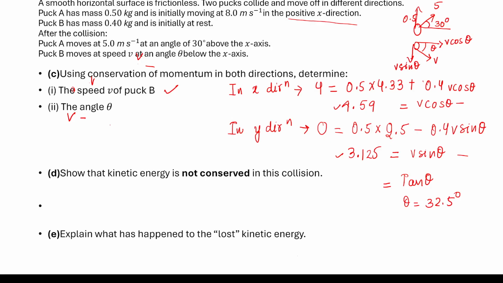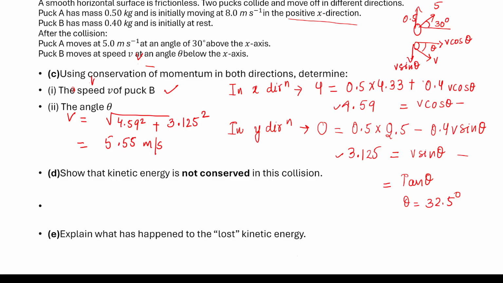So v will be the square root of 4.59 squared, because it's using the right angle triangle, plus 3.125 squared. That is giving me the answer 5.55 meters per second. So we got the angle, we got the velocity.